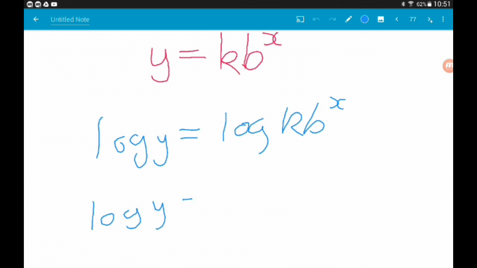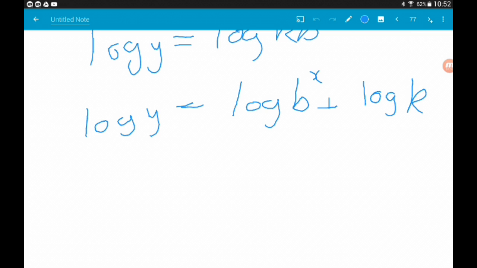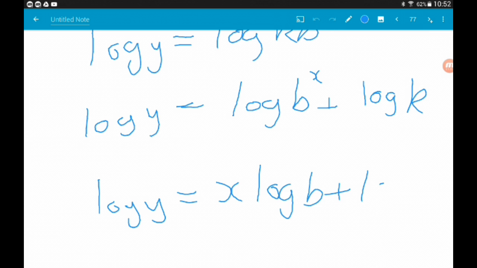So we get log y equals log of b to the power x plus log k, and then again using the power law of logs, we can get log y is equal to x log b plus log k.